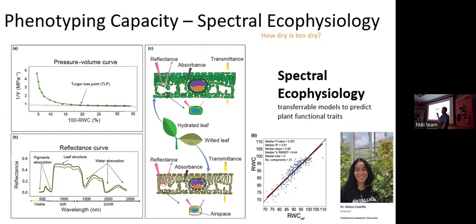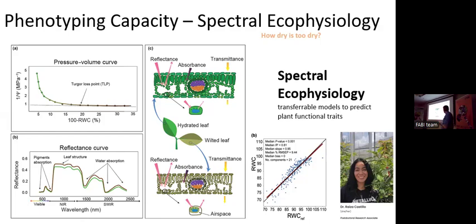But this is a really critical trait, like I said earlier, for knowing when plants are going to stop growing and start dying. To quantify that, we've been working on leveraging the fact that as plants are drying out, there are changes in their anatomical structure as cell volumes shrink and swell and as water contents decrease, and trying to understand, can we build spectral models to predict this same thing?